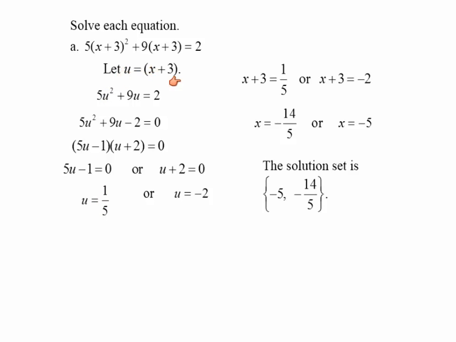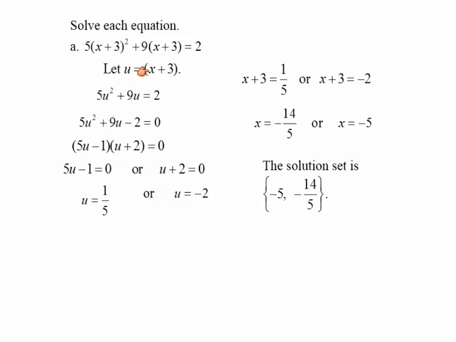If u is equal to 1 over 5, I'm going to put 1 over 5 here and solve for x. So I would say x plus 3 is equal to 1 over 5, and then solve for x. I can subtract 3 from both sides of the equation here. I get x would be equal to 1 over 5 minus 3.